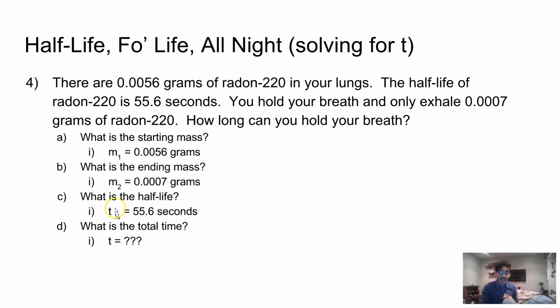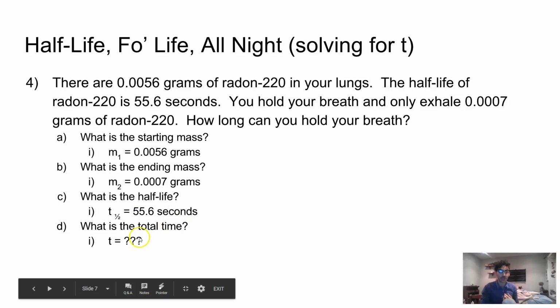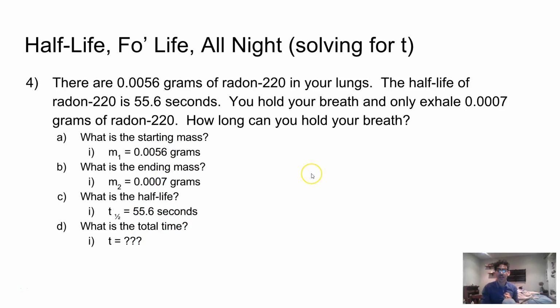So since I can't figure out how many half-lives occurred right away, what I'm going to do is look at my ending mass and starting mass, and say if I started with 56 grams, well, when I cut that in half, I should have 28. When I cut that in half, I should have 14. When I cut that in half, I get 0.7 grams. And that's what I want to end with.